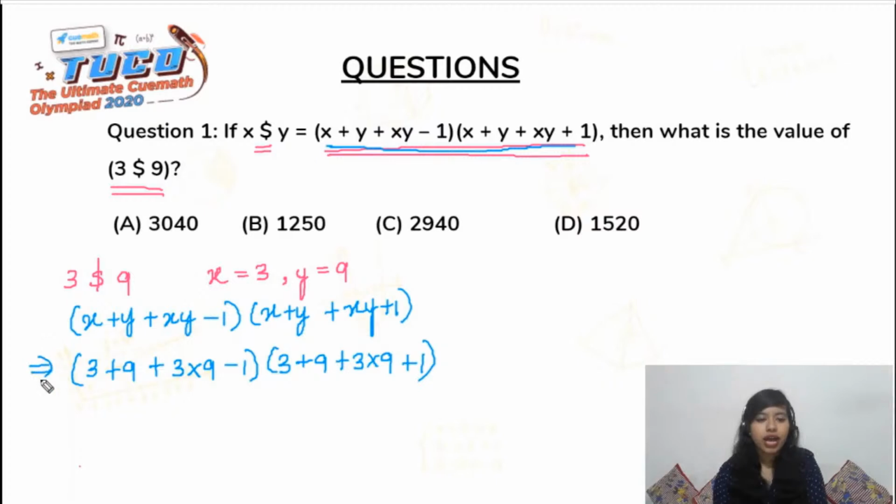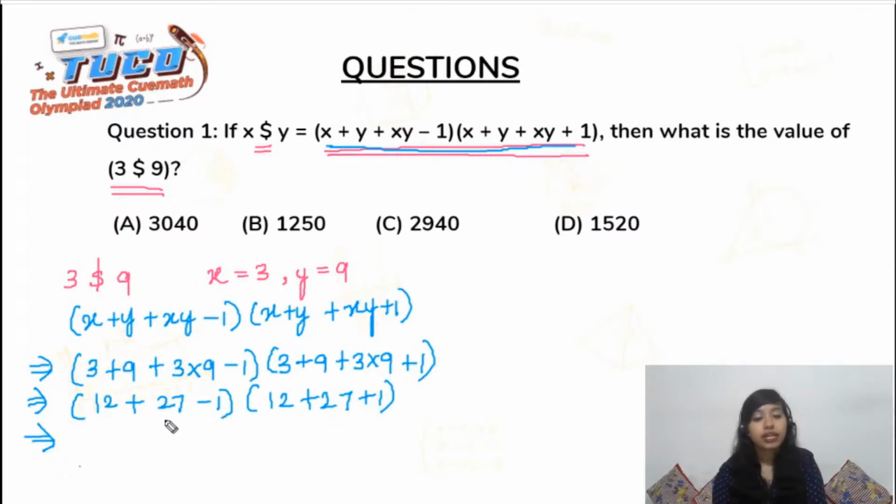From here, I can solve this and see that this is 12 plus 27 minus 1, and this is 12 plus 27 plus 1. So 12 plus 27 would give us 39, and 39 minus 1 would give us 38.